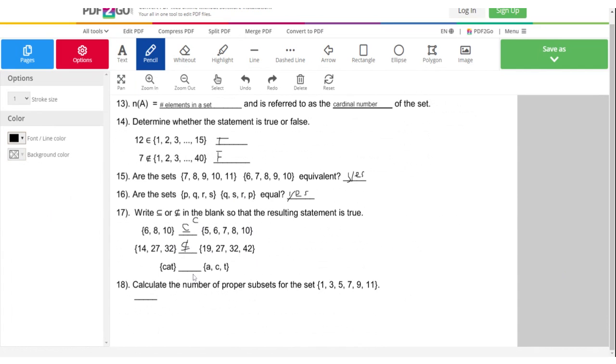Now this one you've got to watch on this 17. How many elements are there in this set over here on the left? How many elements is that?